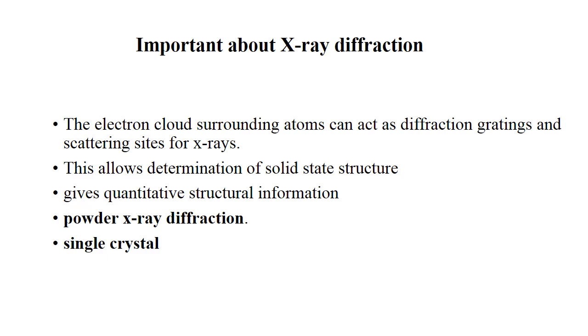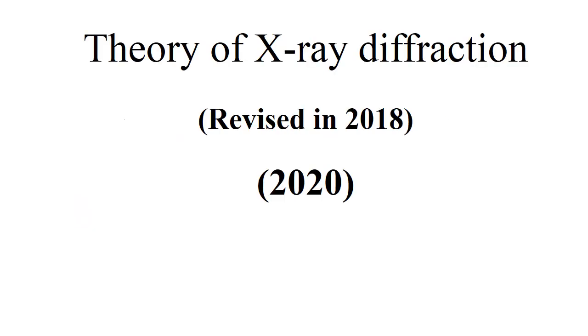Hence, in powder X-ray diffraction, we obtain cell constants for the unit cell of the solid, and in single crystal we obtain locations of atoms, bond lengths, and bond angles.